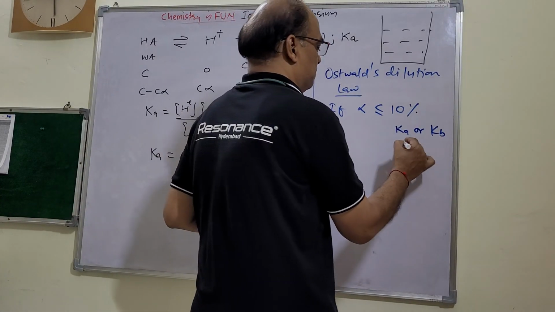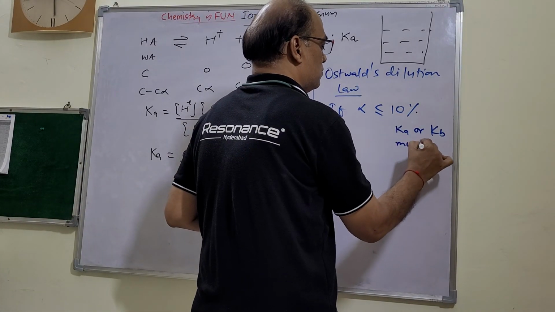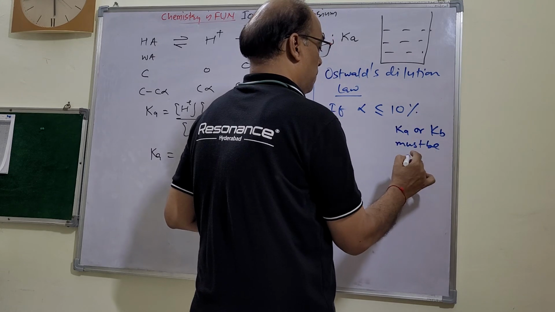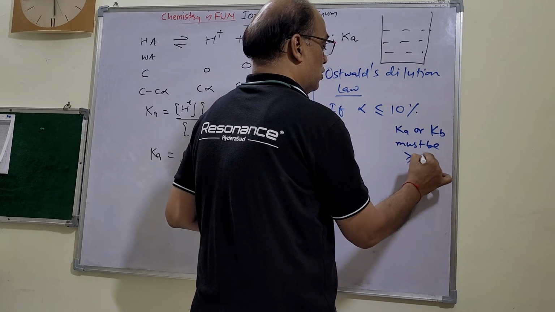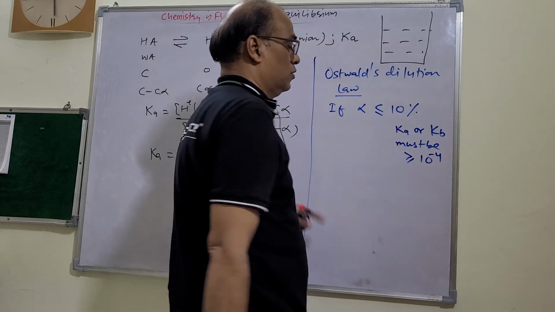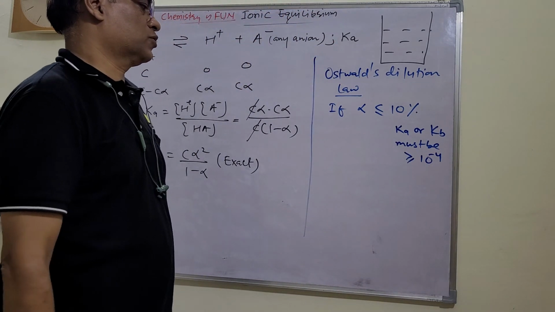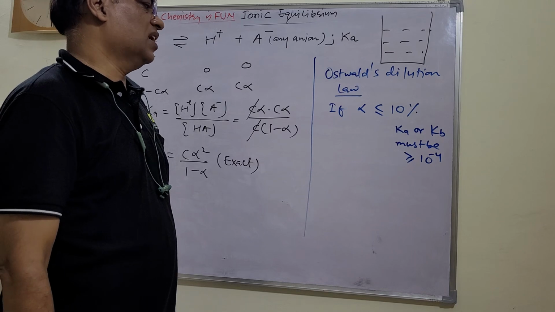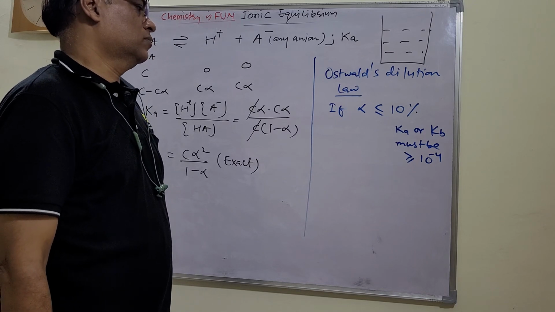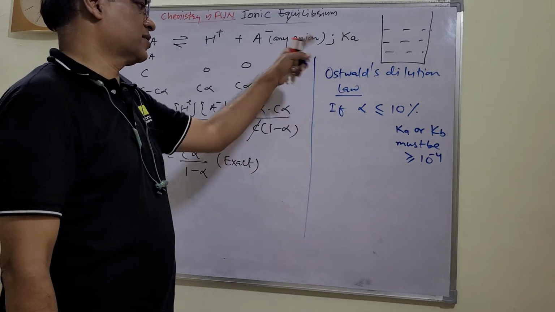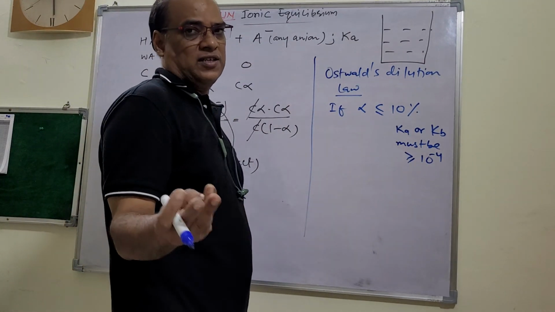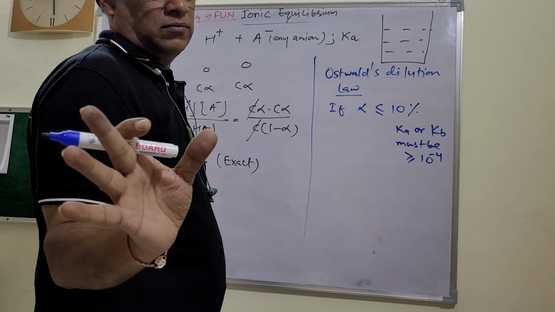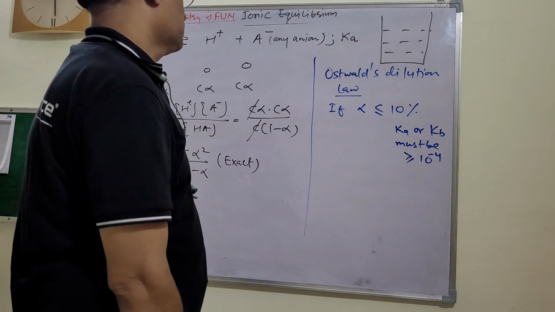Ka or Kb must be less than or equal to 10 to the power minus 4. Then this approximation is okay, no problem. If it is minus 2 or minus 3, be aware, it is a risky case.